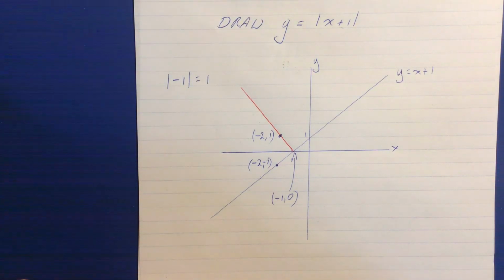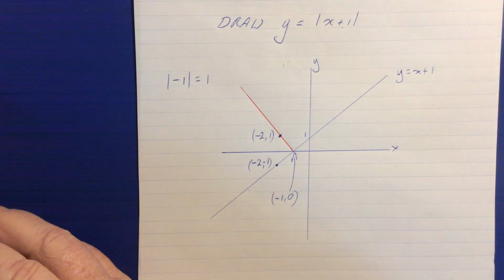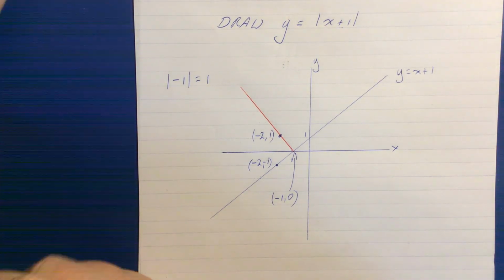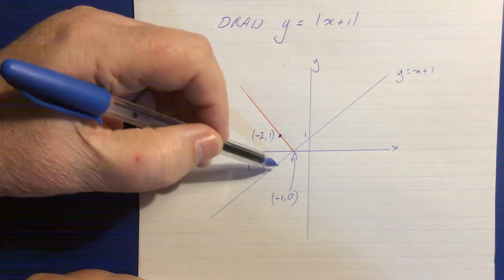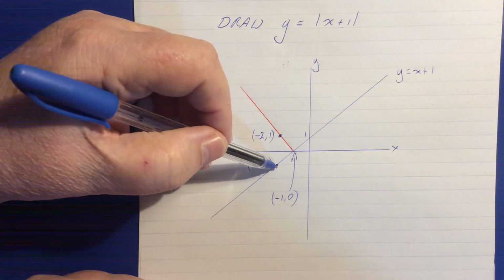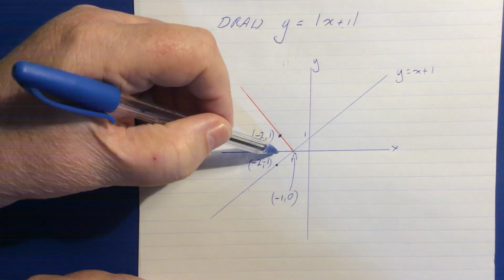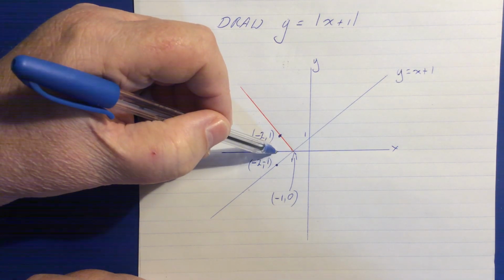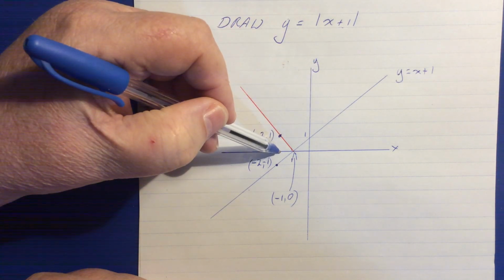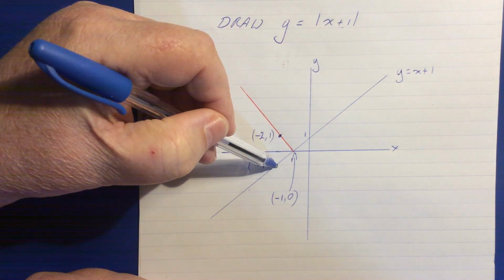Now, in a previous video, I've explained what an absolute value is, but I'm going to go over it once more. It is the distance of the particular value that you're looking for from 0. So here at this point, negative 2, 0, y equals 0. Down here, it equals negative 1.